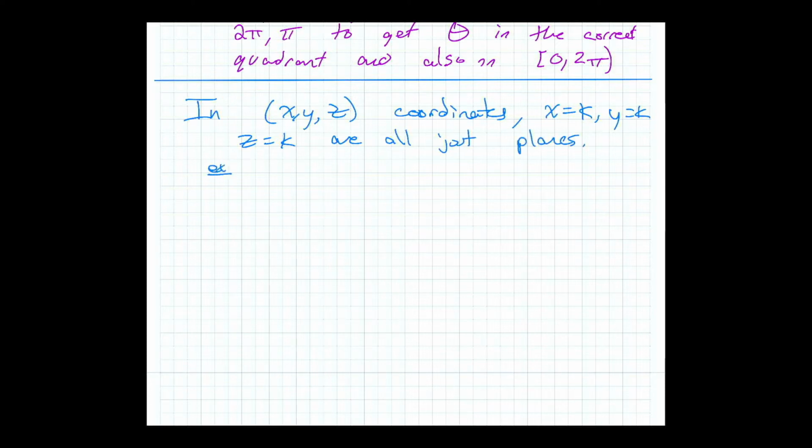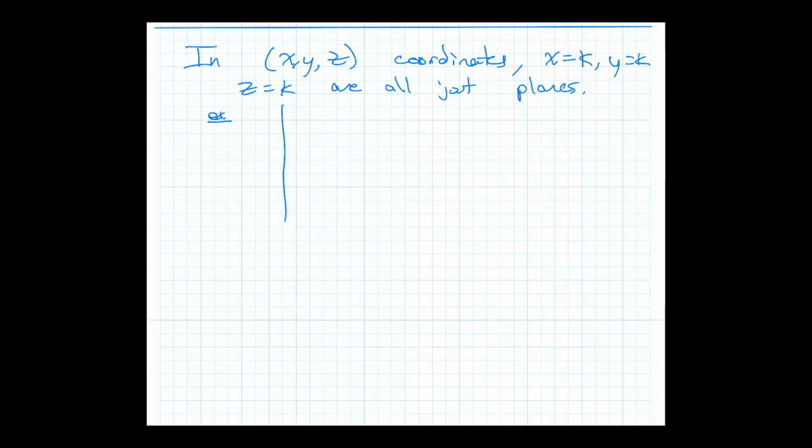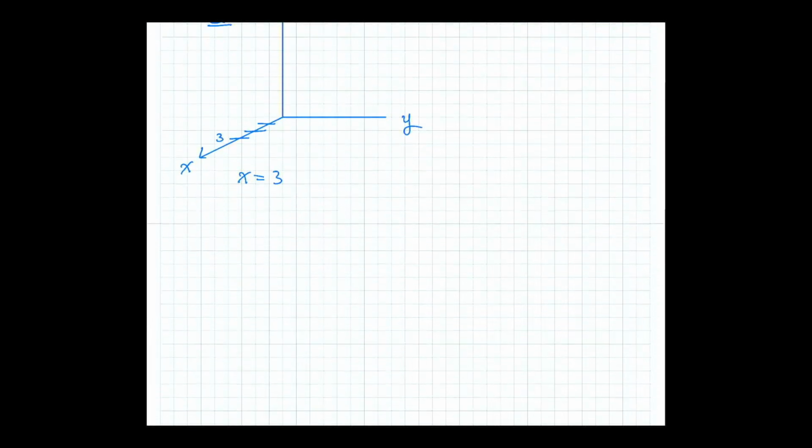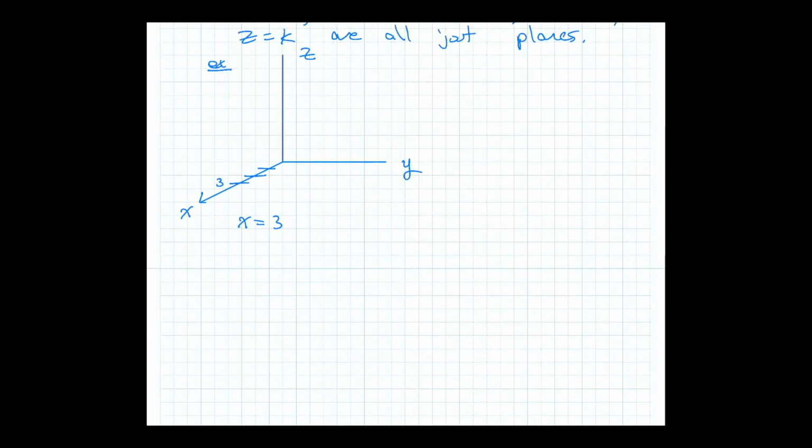Just do a couple examples. Right, like if you have x here, you have y here, and you have z here, right? If you wanted to plot x equals 3, you would go 1, 2, 3. 3 is right here, and you need a plane that goes through there. It's just a vertical plane that happens to intersect right there.